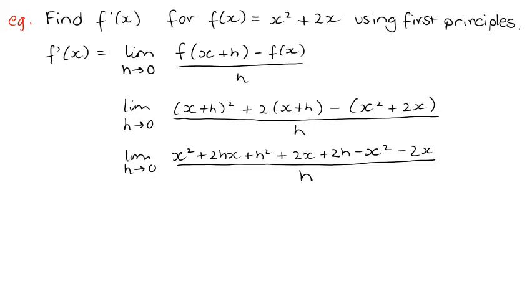Now we cancel down. This x squared and this x squared cancel. This 2x and this 2x cancel. Yeah, we can cancel down our h's as well. So we'll get rid of one of those h's, and this h.